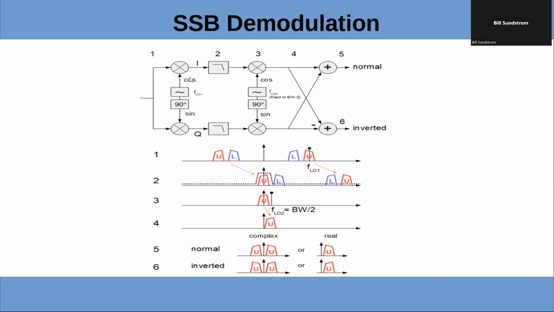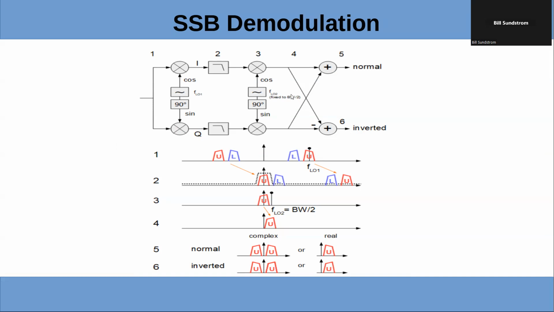So you generate the in phase signal, which is the I, and the Q or the quadrature signal, which is 90 degrees out of phase, called quadrature because there are 4 quads in a cycle or a circle. You low pass filter those and then do the process again with a different oscillator.